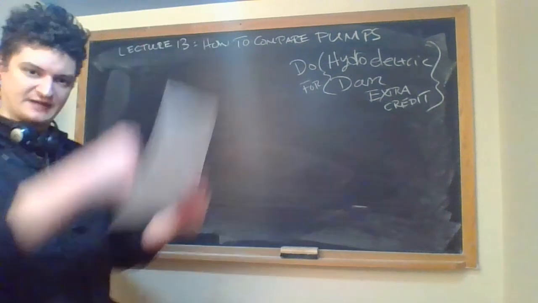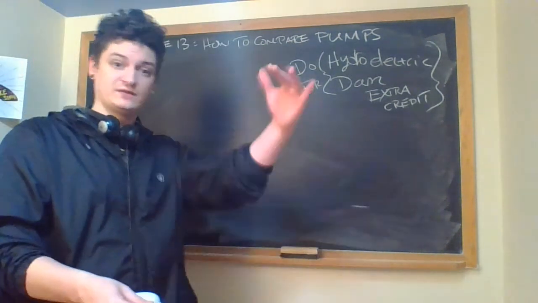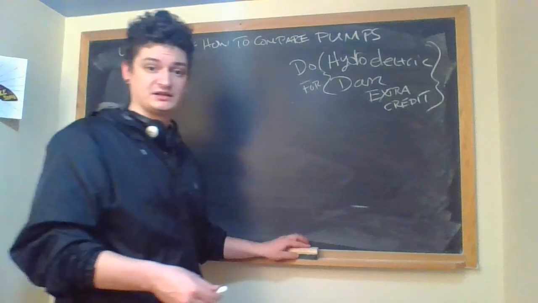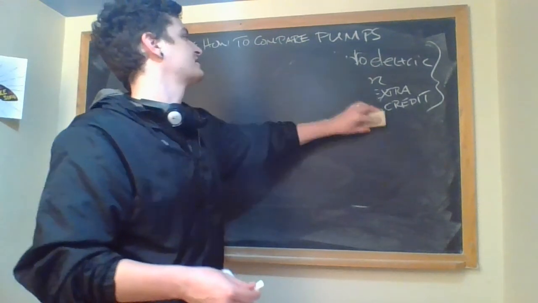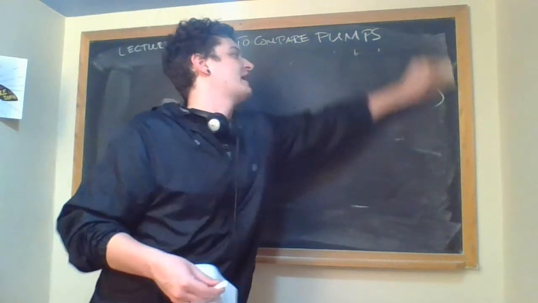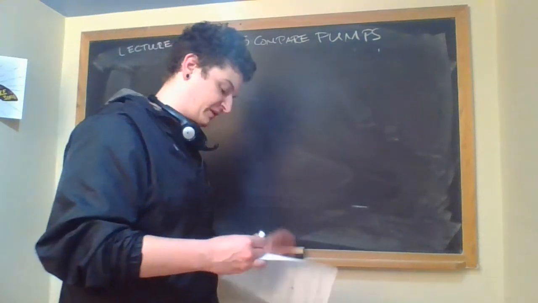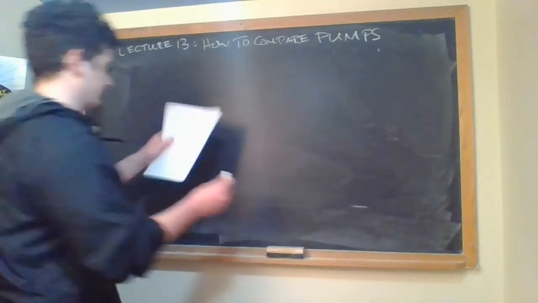Just take the time to list out literally all of the variables of dimension that you suppose have an effect on what you're looking at. So for the pumps, I have my list right here.